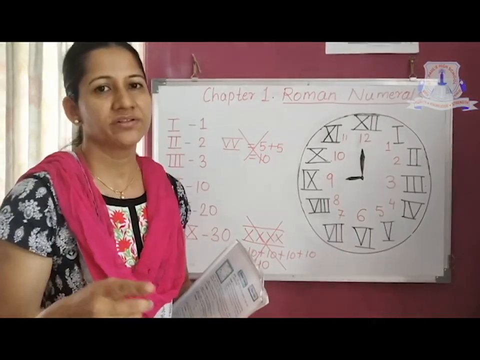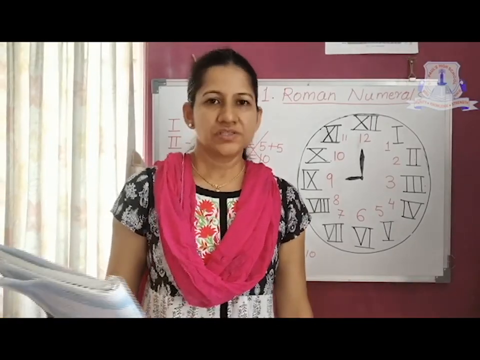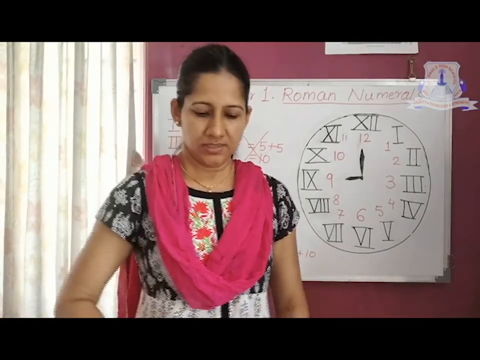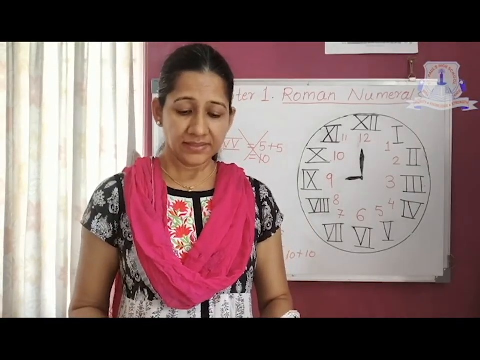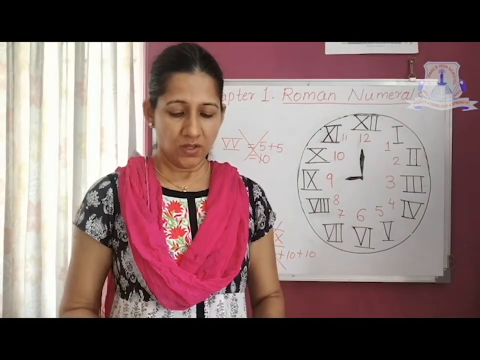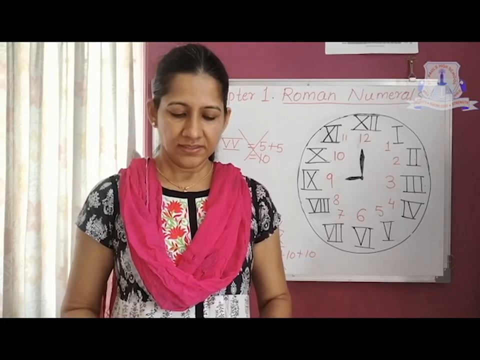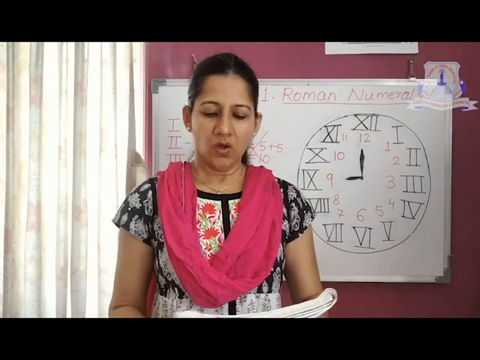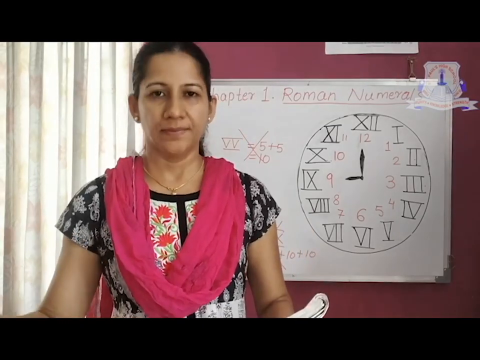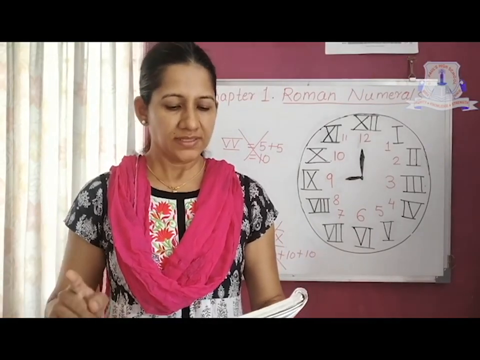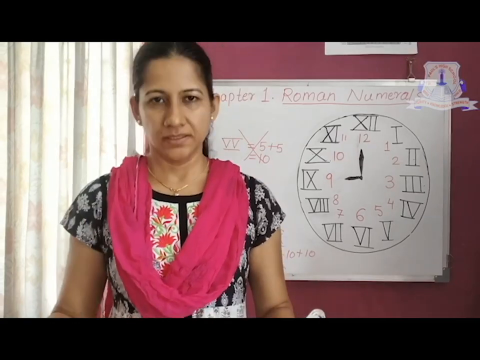Let's see what rule 3 says now. If you concentrate on the textbook, rule 3 says when either I or V, that is letter I or letter V, is written on the right of the symbol of a bigger number, its value is added to the value of the bigger number.